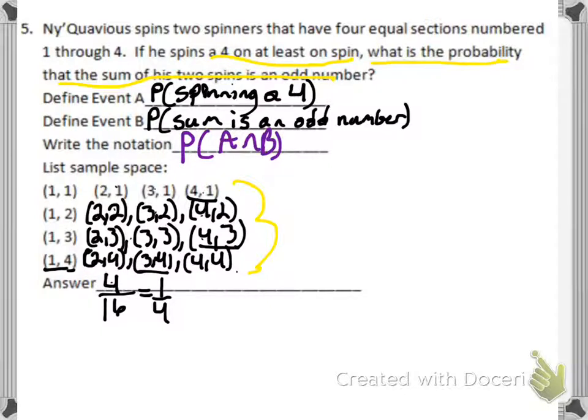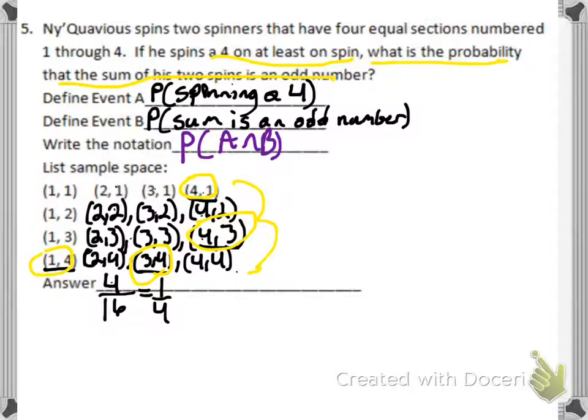We know we got 4 and 1, 4 and 3, 3 and 4, and 1 and 4.